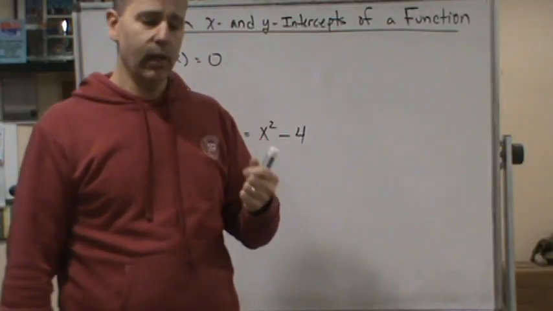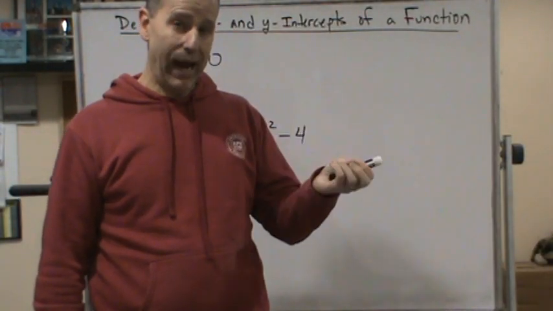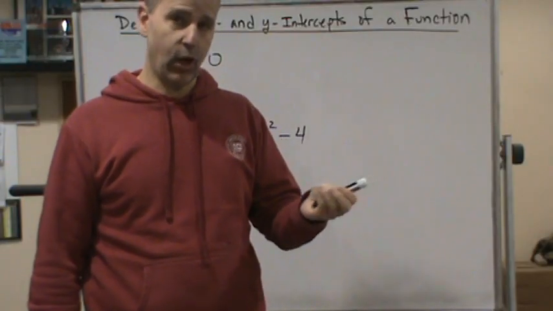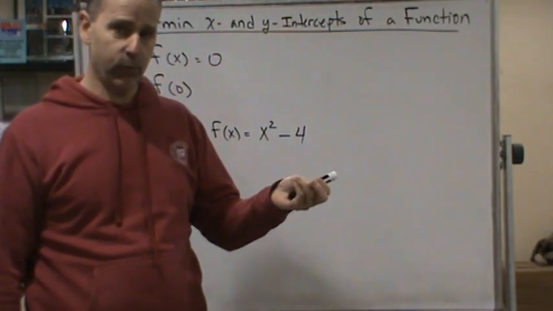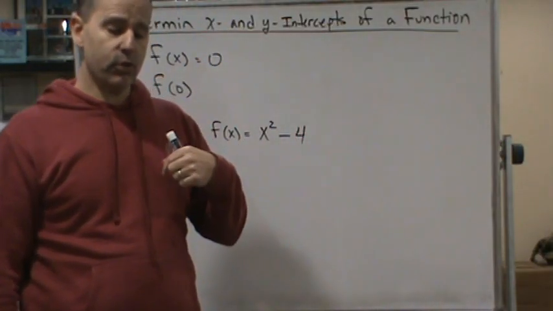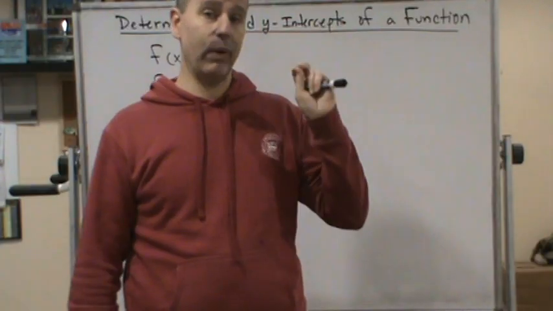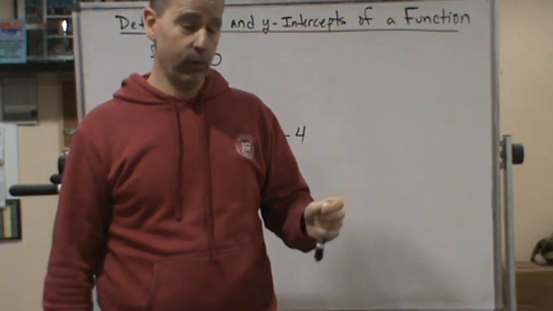So again, to determine the x-intercept, we make y equal to 0. We solve for y equal to 0, or the function equal to 0 in this case. For the y-intercept, that occurs when x is equal to 0. Okay?